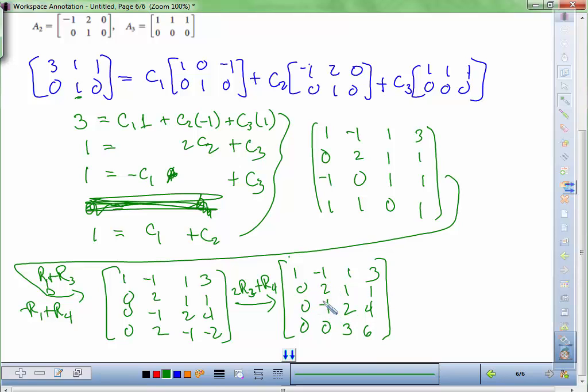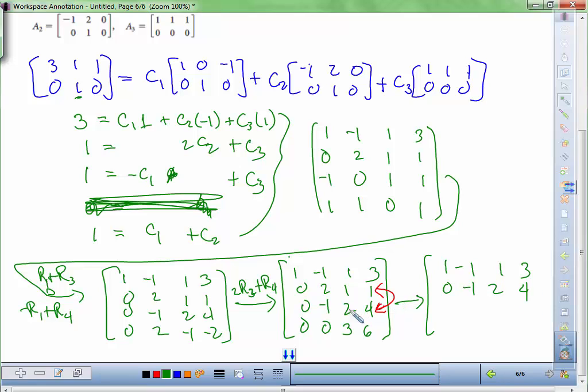Probably switch these two. Can I just switch it here instead of rewriting everything? So having switched those two, oh boy, 1, -1, 1 and 3, and 0, -1, 2 and 4.